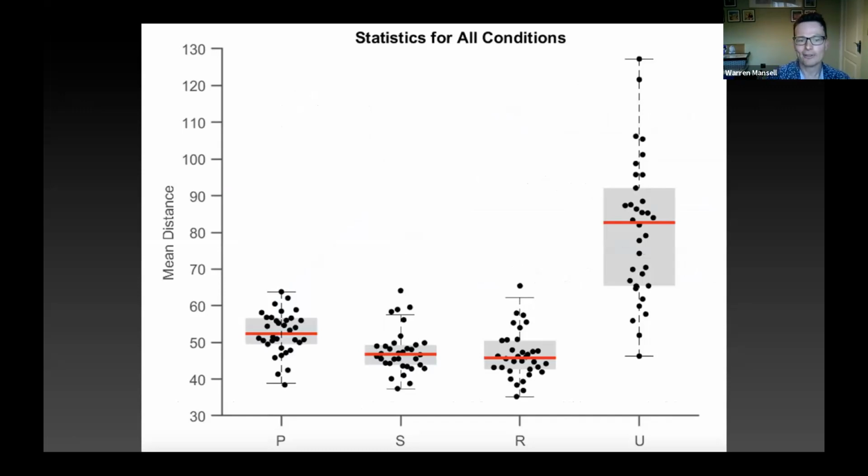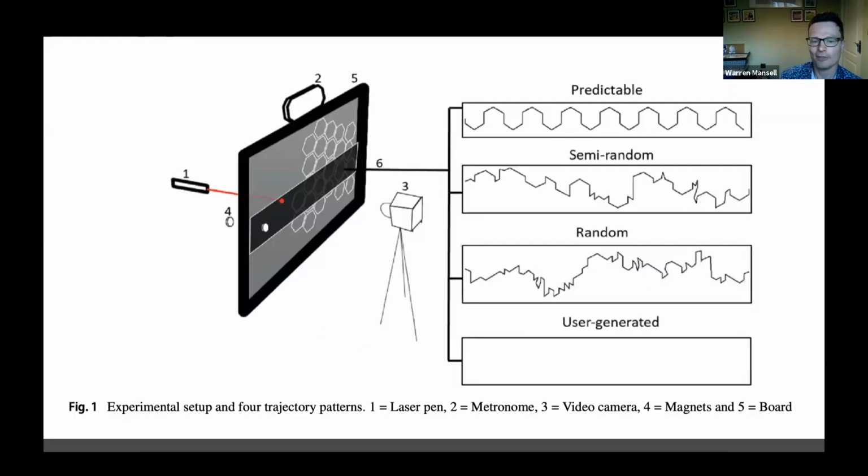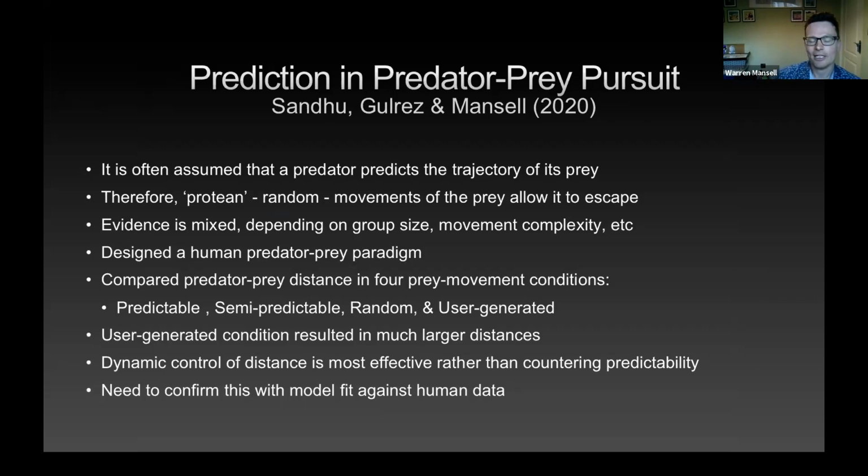We don't know yet exactly what that movement was, but we might argue that the users were dynamically controlling their distance to be as far as possible at any one point, rather than being predictable or unpredictable. All they're doing is the next behaviour they need to do to maximise distance.